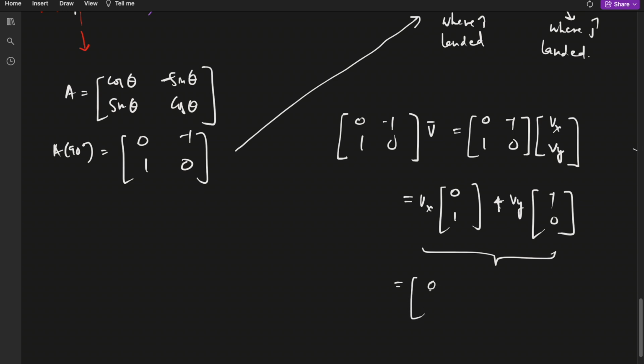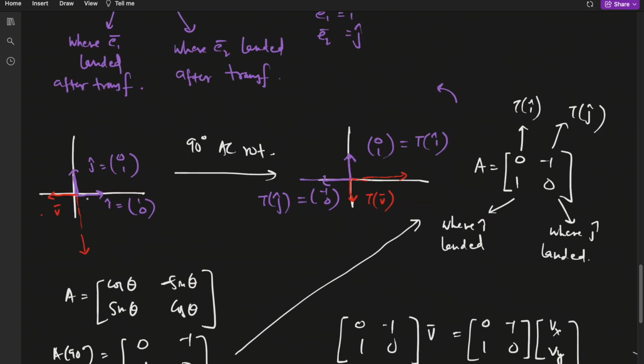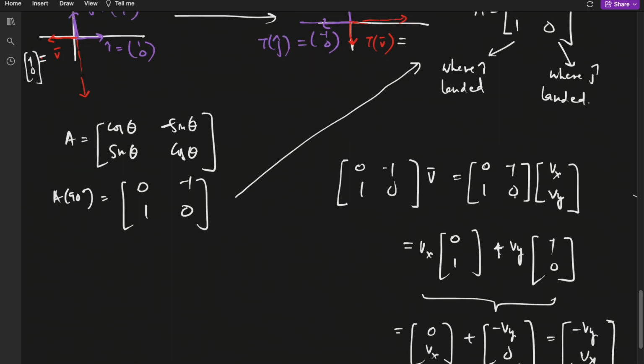So this is nothing but 0 v times x. Scalar multiplication is giving us a vector again, minus vy and 0. Now after scalar multiplication, this is vector addition, right, which is nothing but minus vy and vx, right? So now if you want to know, v was initially minus 1 0, and now after transformation I know that any vector vx vy will be transformed to minus vy and vx.